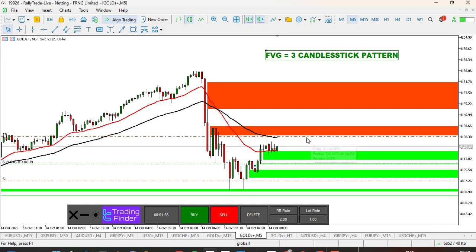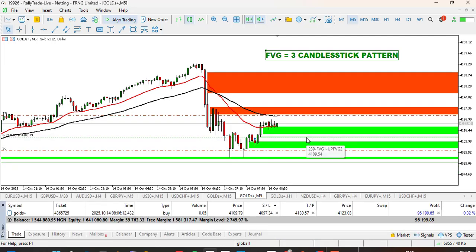Now watch very carefully. How much profit is there now? 96. So by that it gets to 150,000 naira, then the trade will automatically close by itself. So that's one fast way you can scalp the market with this very powerful fair value gap trading technique, right? It's actually a scalping system that you can use to scalp the market profitably.